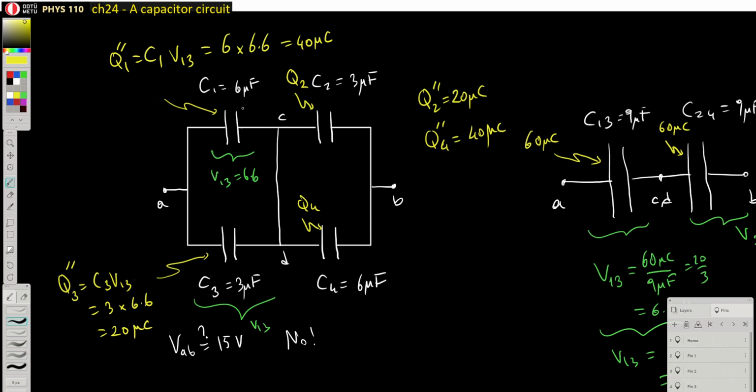Okay, so as I have said, the charge on this plate, which is minus 20 microcoulombs, minus 40 microcoulombs, sorry, and the charge on that plate, which is plus 20 microcoulombs, their sum is not equal to 0. The reason is that there has been a charge flow from point, sorry about that, this should have been point D. Yeah, there has been a charge flow from the point D to point E, right?